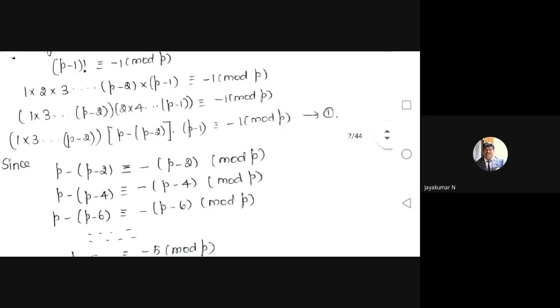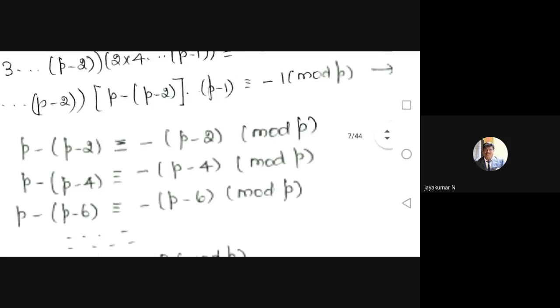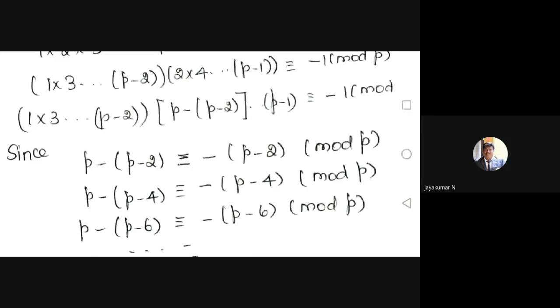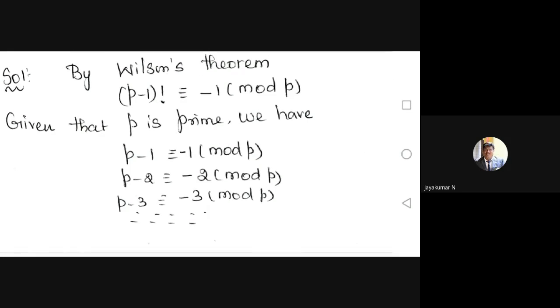Now p minus of p minus 2. You all know p minus 1 is congruent to minus 1 mod p, p minus 2 is congruent to minus 2 mod p, and p minus 3 is congruent to minus 3 mod p.